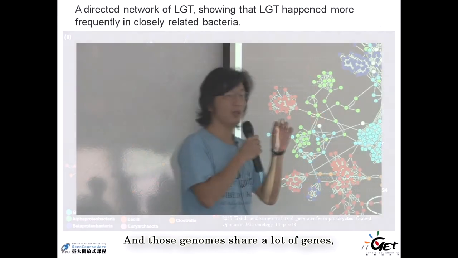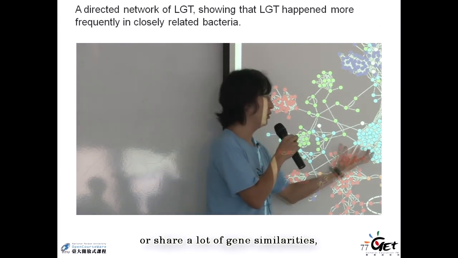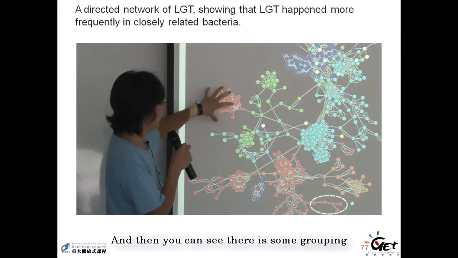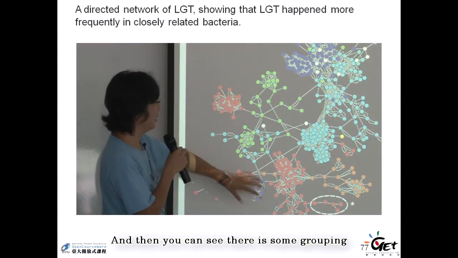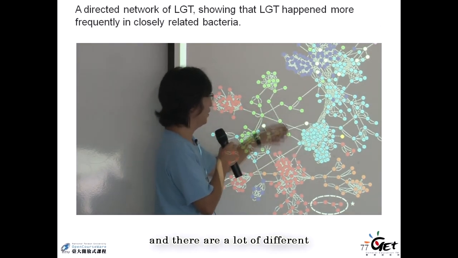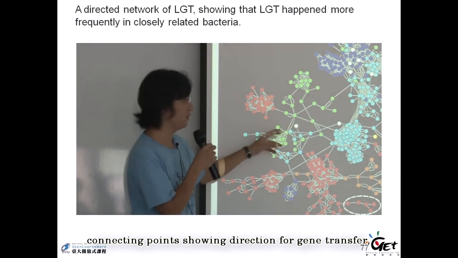And those genomes that share a lot of genes or a lot of gene similarities will tend to group together. And then you can see there's some grouping among the different genomes. And there are a lot of different connecting points showing the directions for the gene transfer.